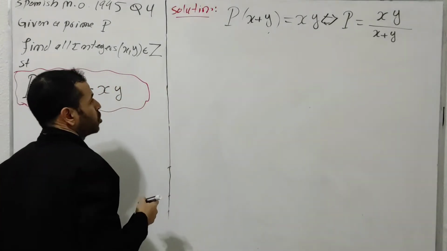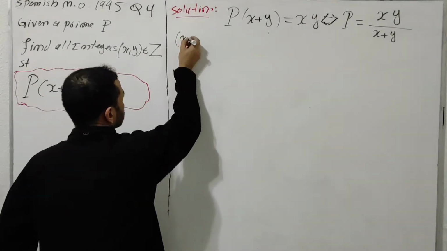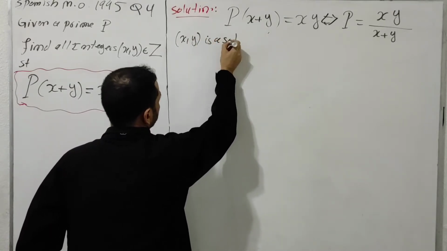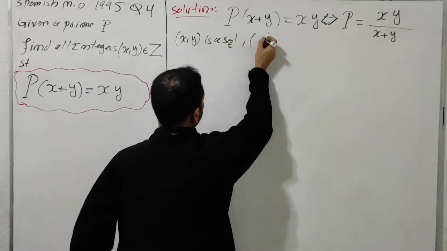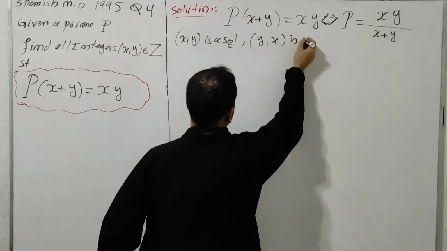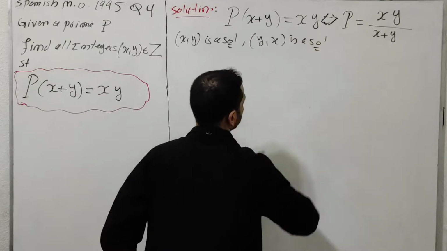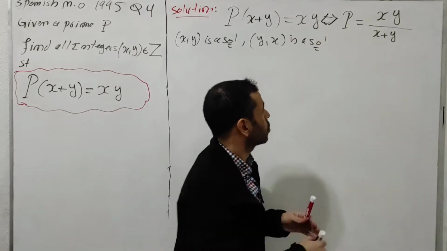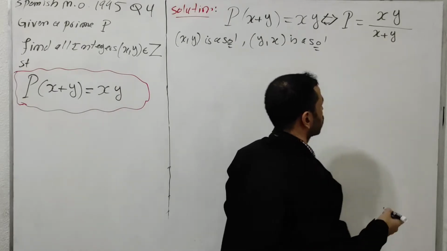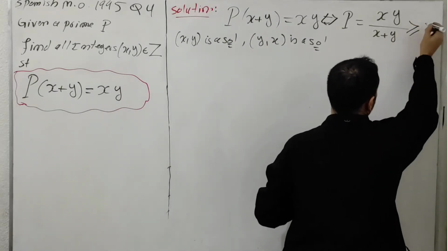Without loss of generality, since p is a prime, this fraction is superior or equal to 2.